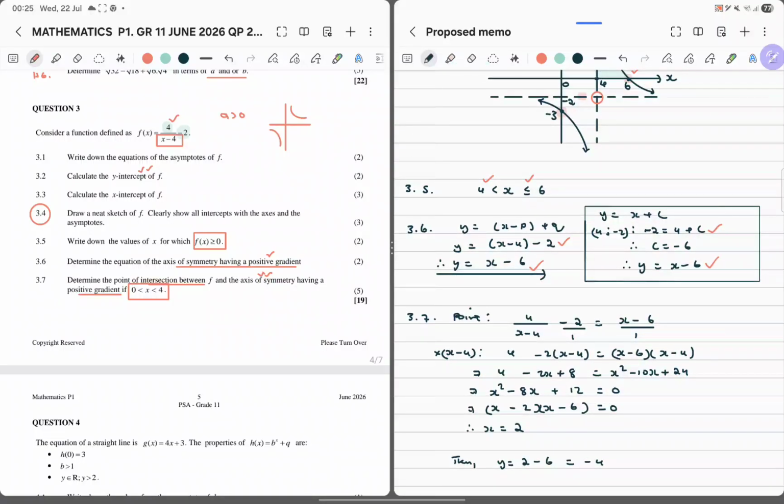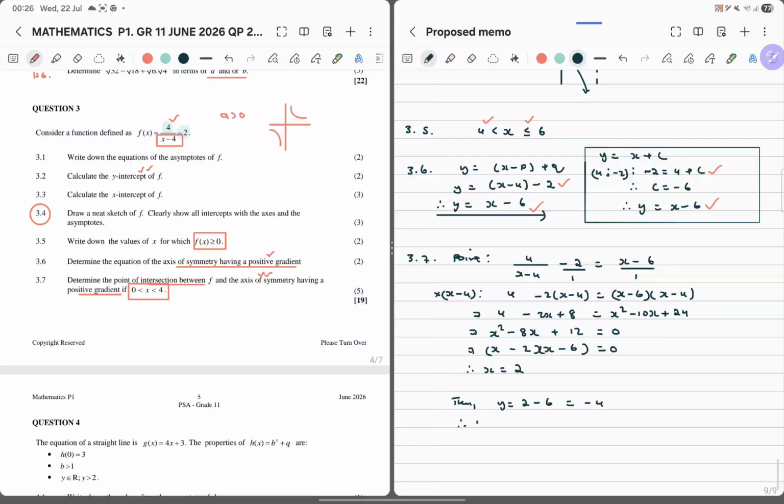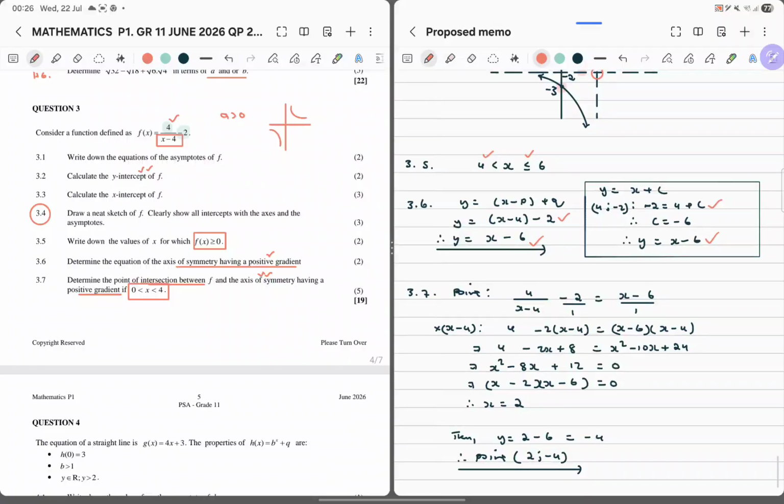We saw that this point is going to be exactly somewhere there, so that's essentially less than minus 3. Therefore we can say the point here is (2, minus 4). Nice and easy. Okay guys, interesting stuff, but easy material to handle.